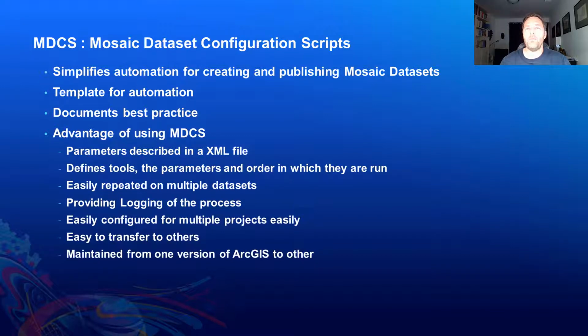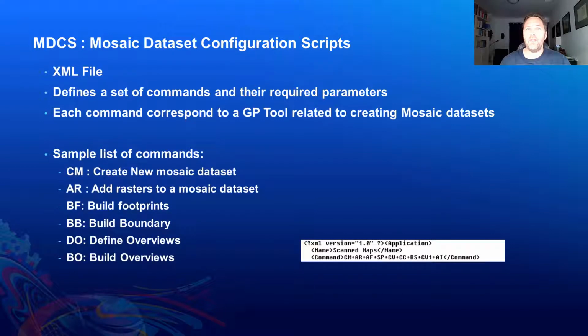In this way, workflows can be easily implemented, modified if required, and run multiple times on different datasets or configured quickly for new projects. MDCS configuration files are easy to transfer to different users and are maintainable between different versions of ArcGIS. As mentioned, the MDCS scripts are driven by XML files.